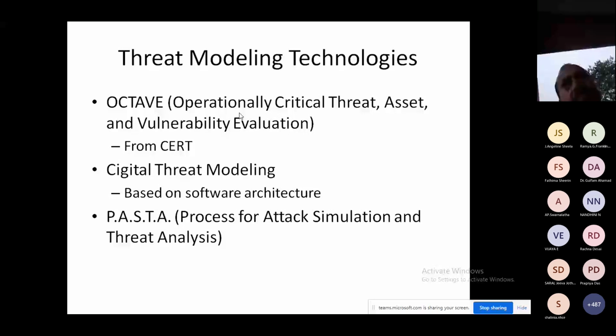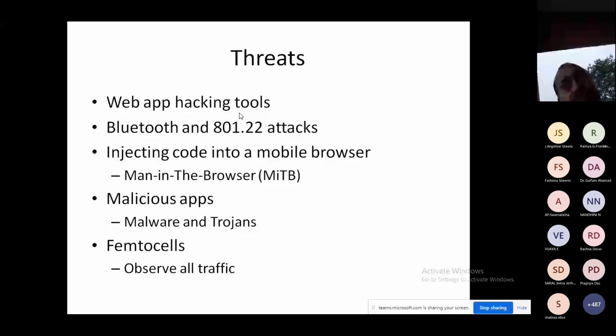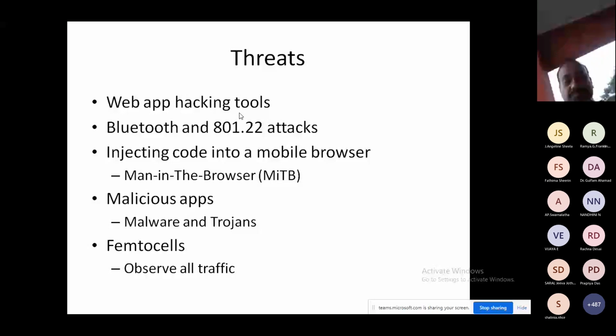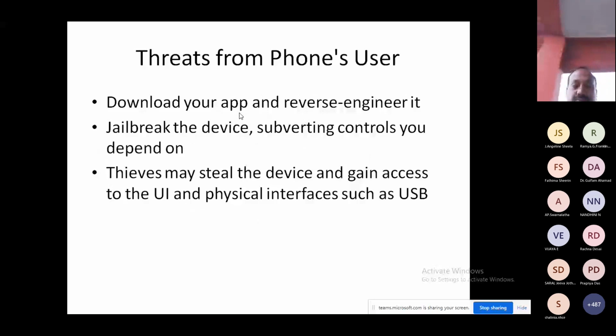Then the threats: app hacking tools are there, or Bluetooth or 802.11 attack. Injecting code into a mobile browser, man in the browser (MITB), or malicious apps where malware and trojans are there, or femtocells which observe all the traffic. These are the various threats from phone users.